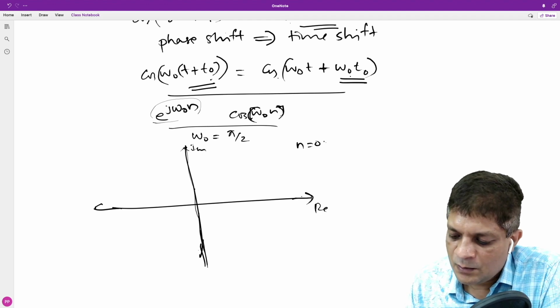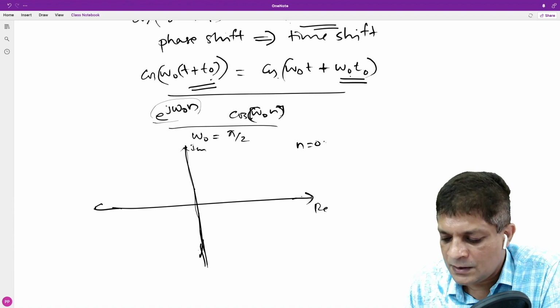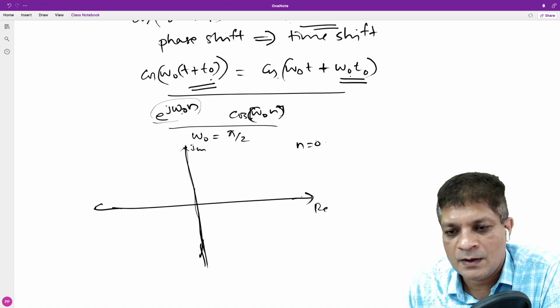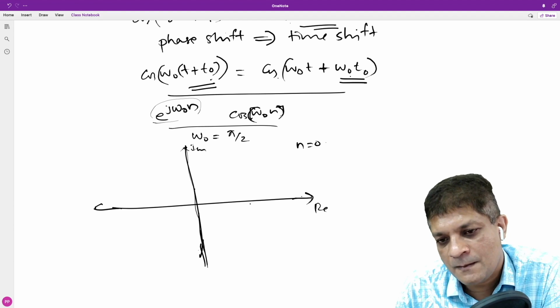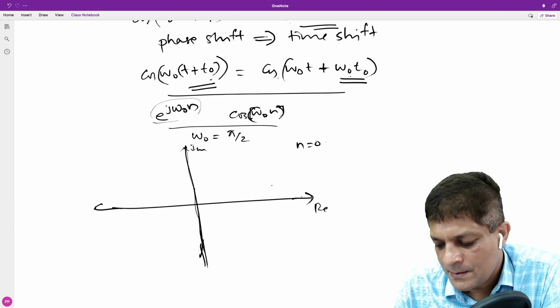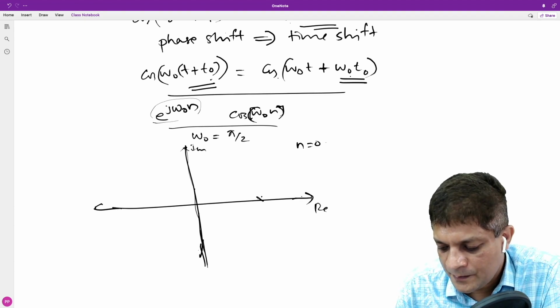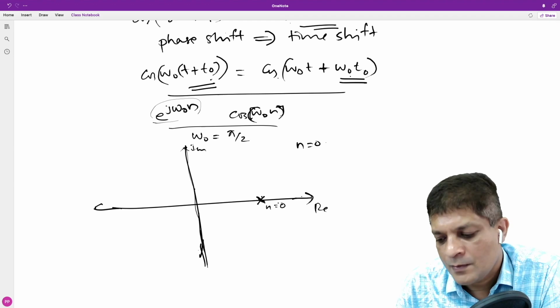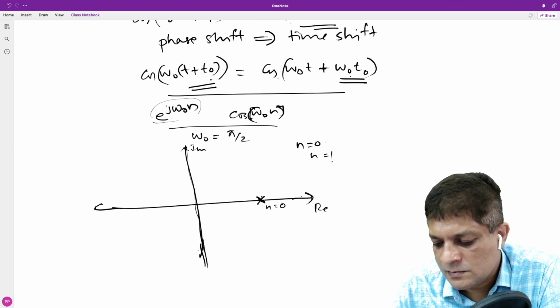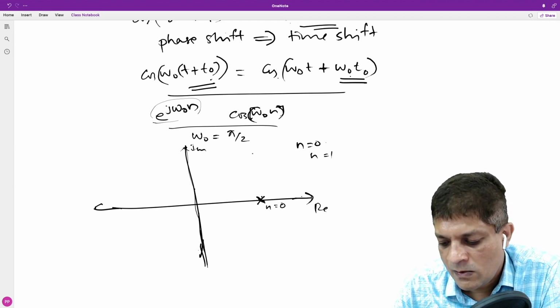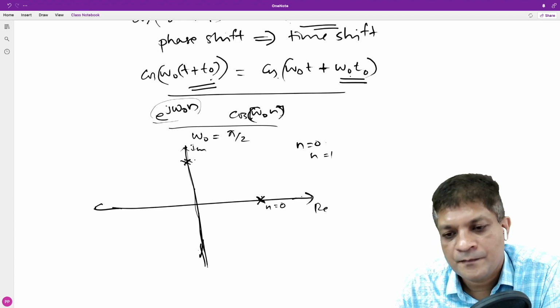When n is 0, where is the value of the signal? Is it here? This point. Yes, when n is 0. Now when n is 1, is it this?